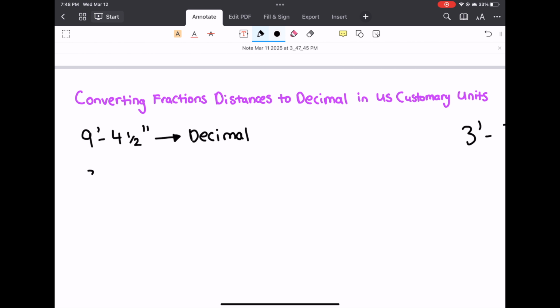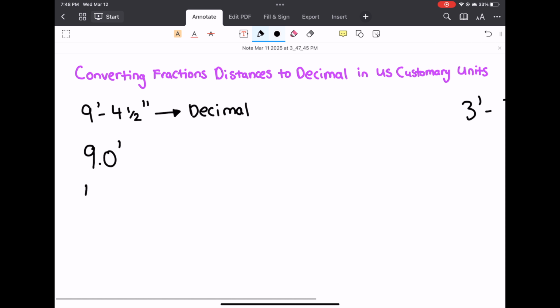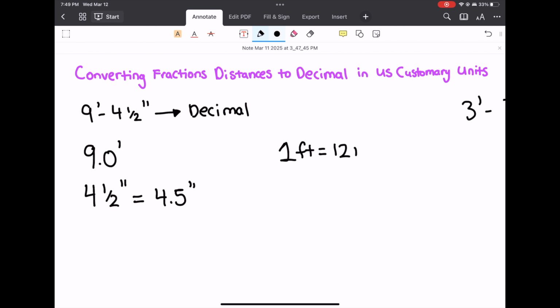We have 9 full feet, but only 4.5 inches, which is not a full foot because 1 foot is 12 inches.